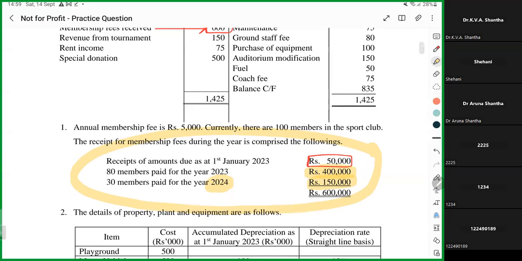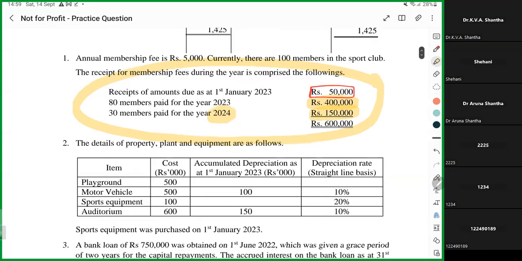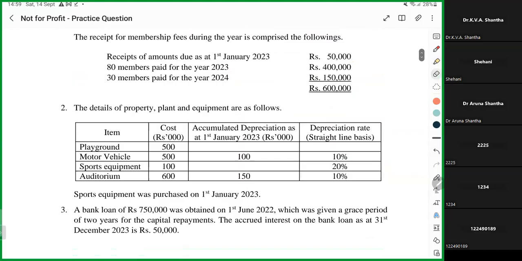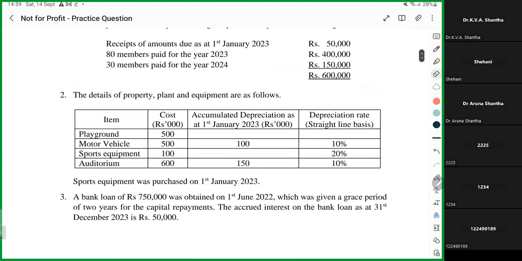Then you have details of property, plant, and equipment. You see sport equipment purchased on 1st January 2023.